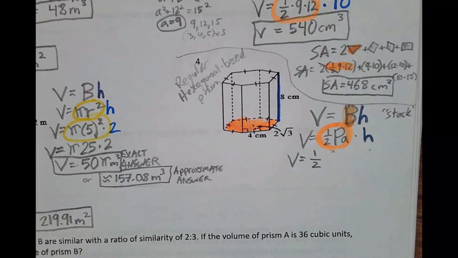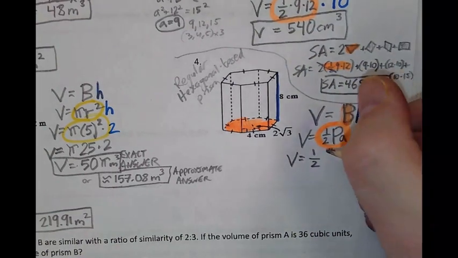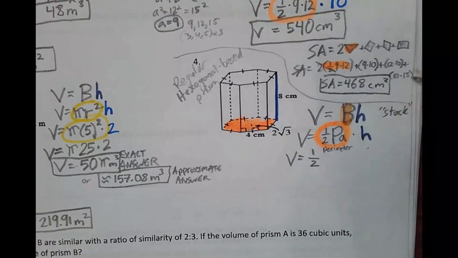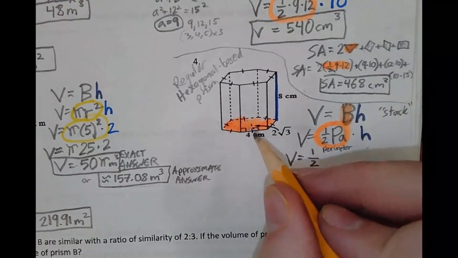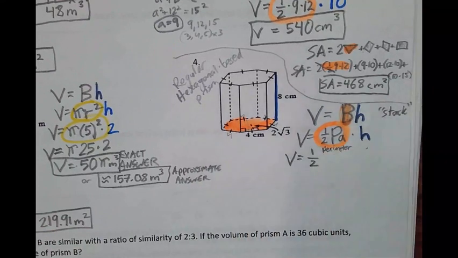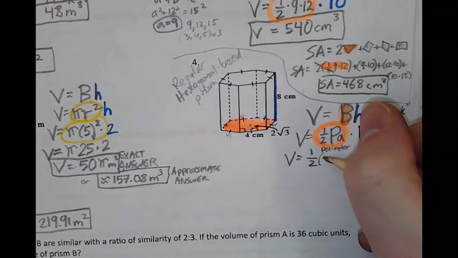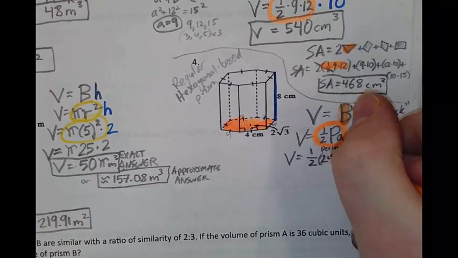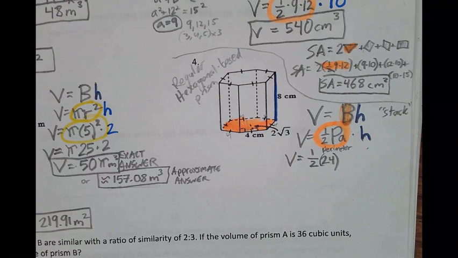All right. So P stands for the perimeter. I guess I could write that down, huh? P stands for the perimeter. So the perimeter appears to be 4 plus 4 plus 4 plus 4 plus 4 plus 4, 4 times 6, so that's going to be 24.